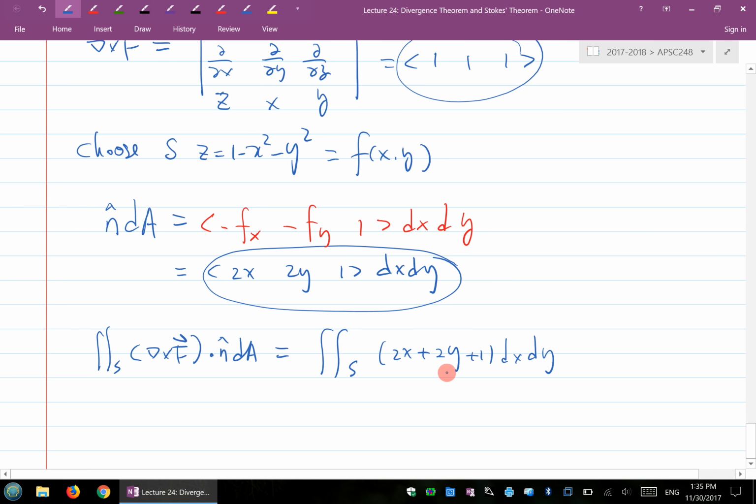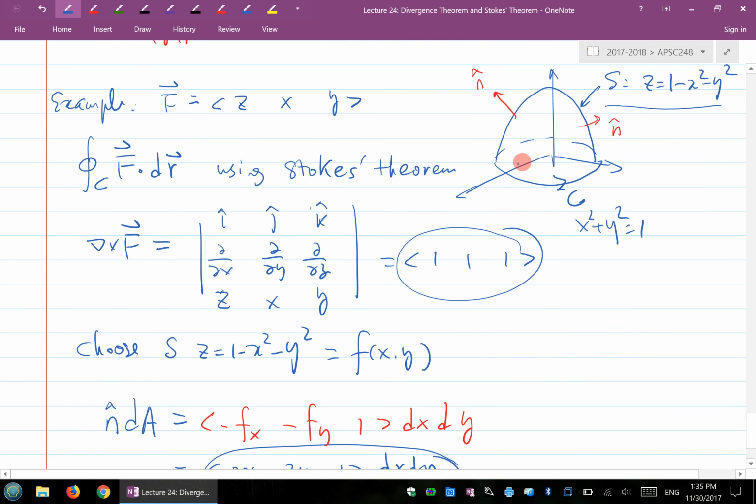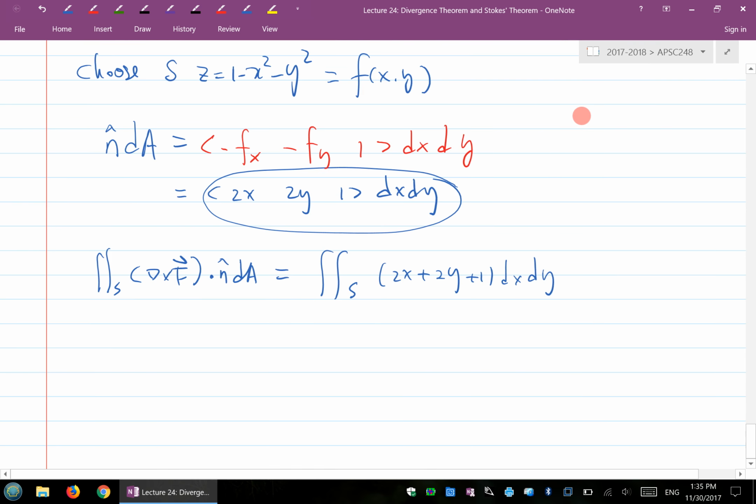And finally, you will try to find the limits for x and y. Basically it depends on this surface, of course, but ultimately it's determined by the shadow of this surface in the xy plane, which is a circle, right? So it's a typical double integral problem now.